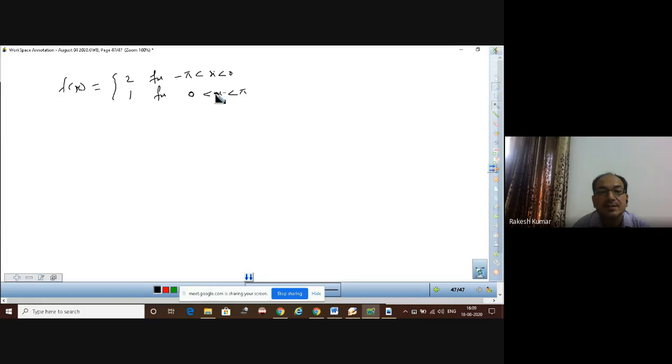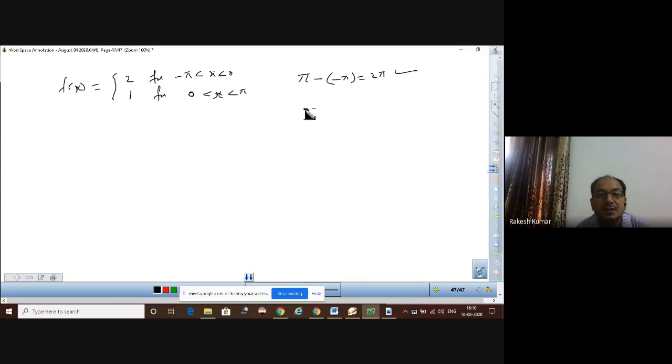The intervals are given to us, and you can see the uppermost limit is pi and the lowest limit is minus pi. The total period of the function comes out to be 2 pi. We can say that the function is a periodic function, and it has a discontinuity at this point.